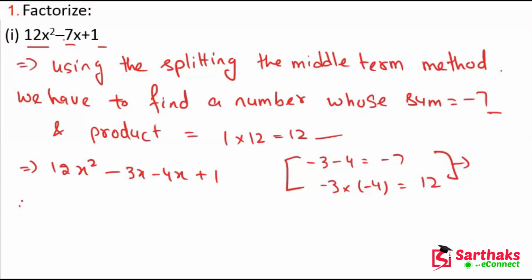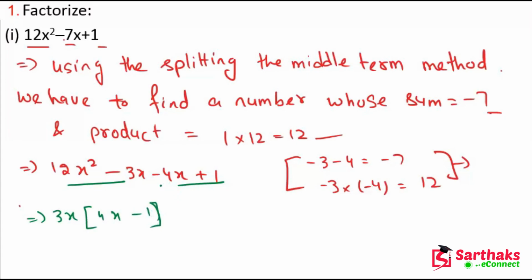So now we have these two terms and these two terms. From the first two terms we can take 3x common, so this will become 4x minus 1.